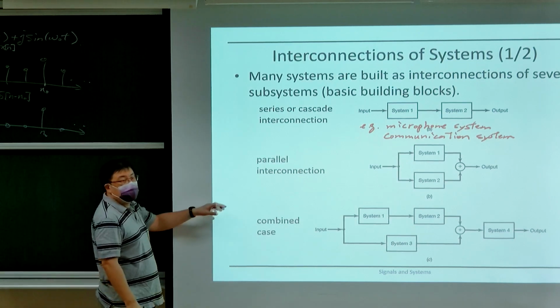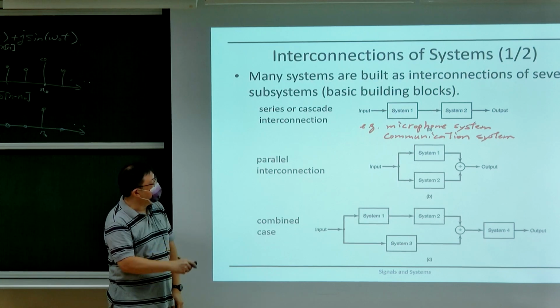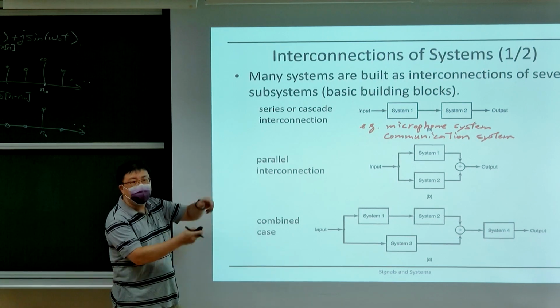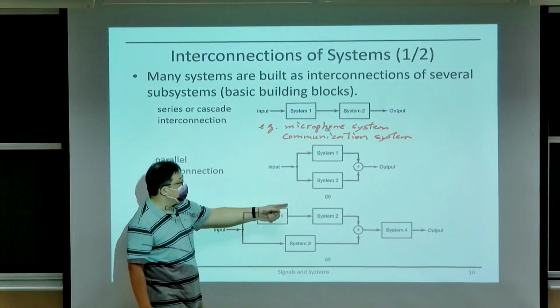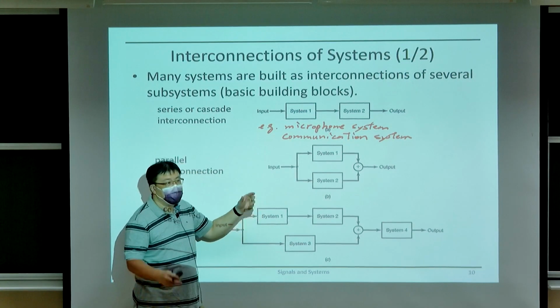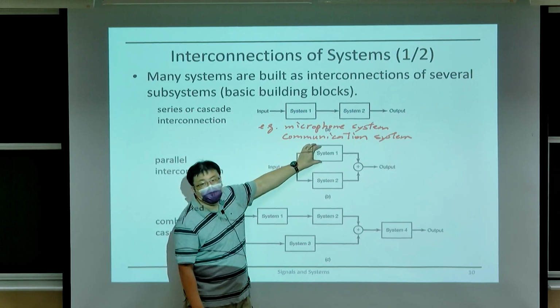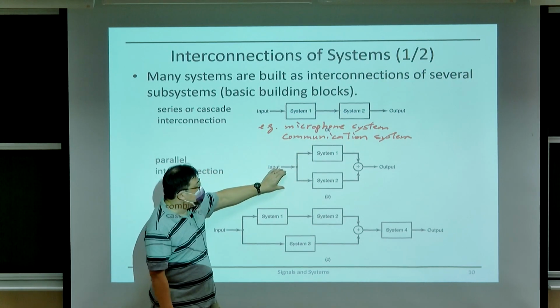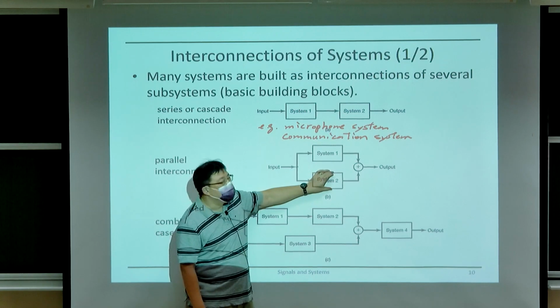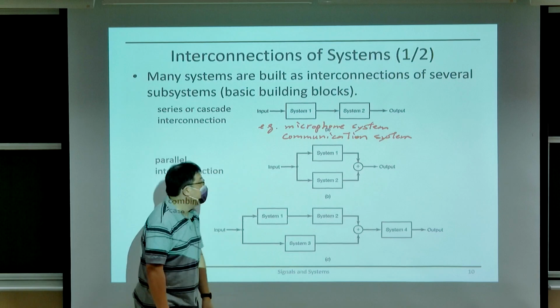Now, sometimes this combination may not be in series. Sometimes it may be in parallel, right? Something like this. So for example, if you're looking at a microphone system with two microphones, then you can view this as the system of one microphone, this as the system of the second microphone, which you later add together, right?